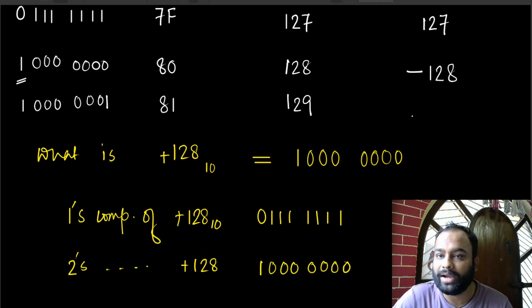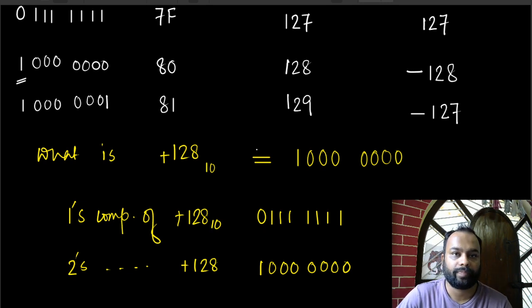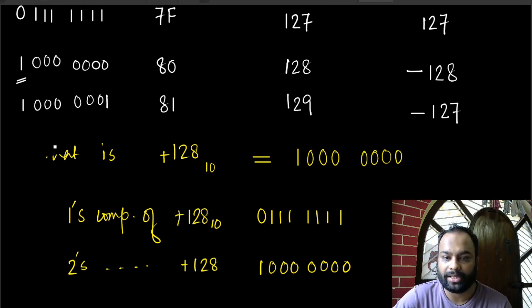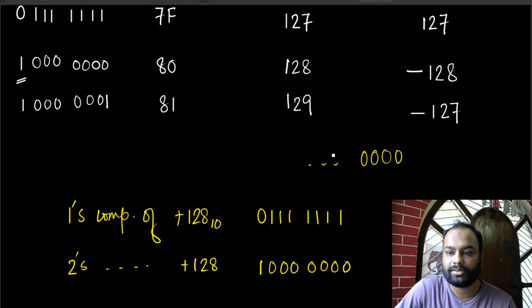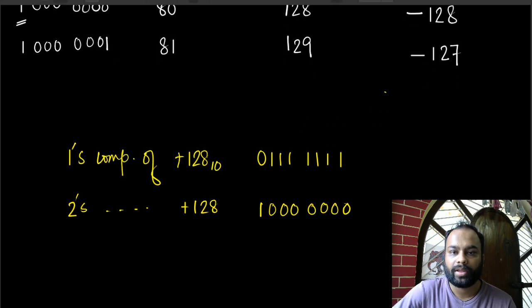If you do a little calculation, you will see that the number whose two's complement is this one is 127. So this is minus 127. Take 127, convert it to binary and do two's complement, and you will get this. With that said, let us erase everything.